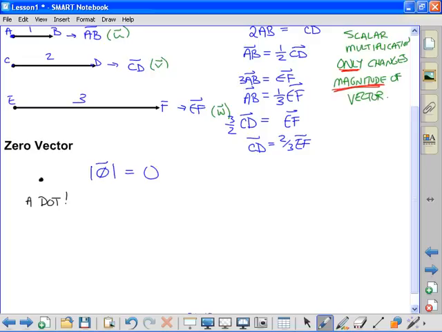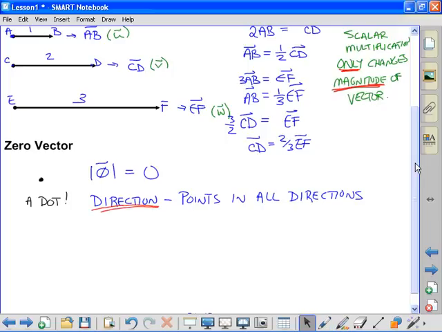And its direction, it points in all directions. So it's a handy little vector because it can always be added or subtracted because it points in all directions, so it matches up with every vector that you're going to come across. So it's represented as a dot geometrically.